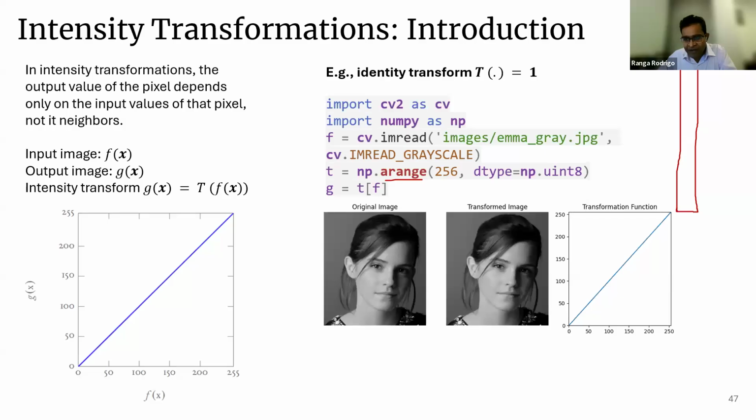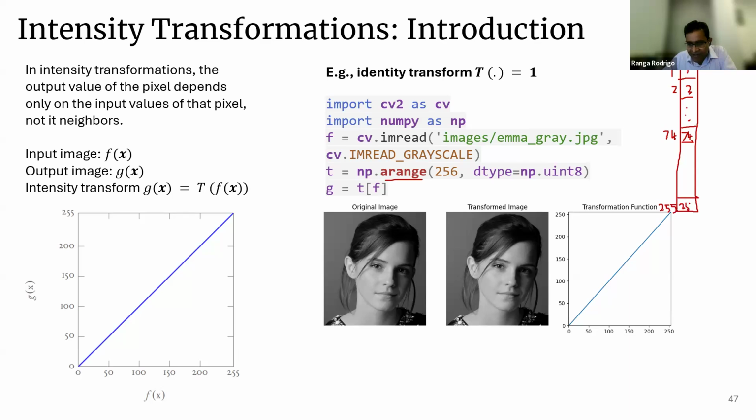You can use a different numpy command to create that array, or do it manually. At location 1, it will have 1. At location 2, it will have 2. At location, let's say 74, it will have 74. Finally, at location 255, it will have 255.